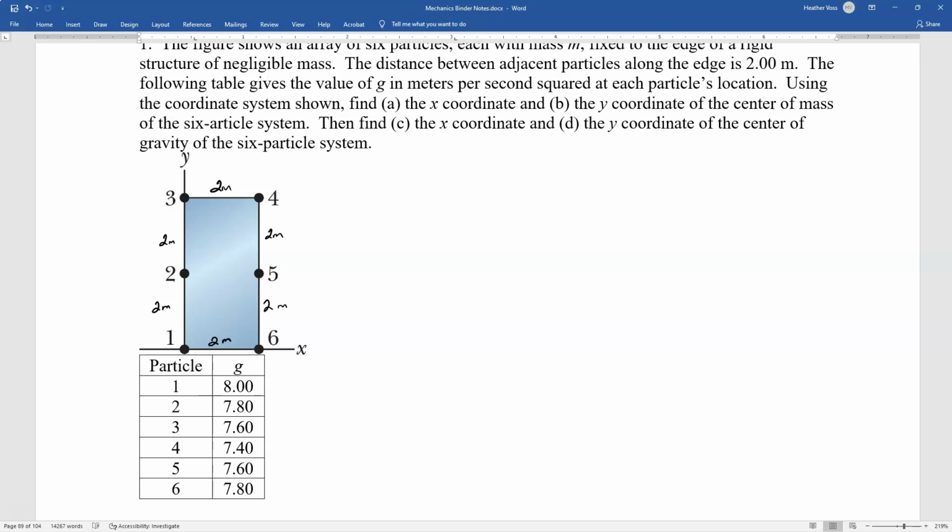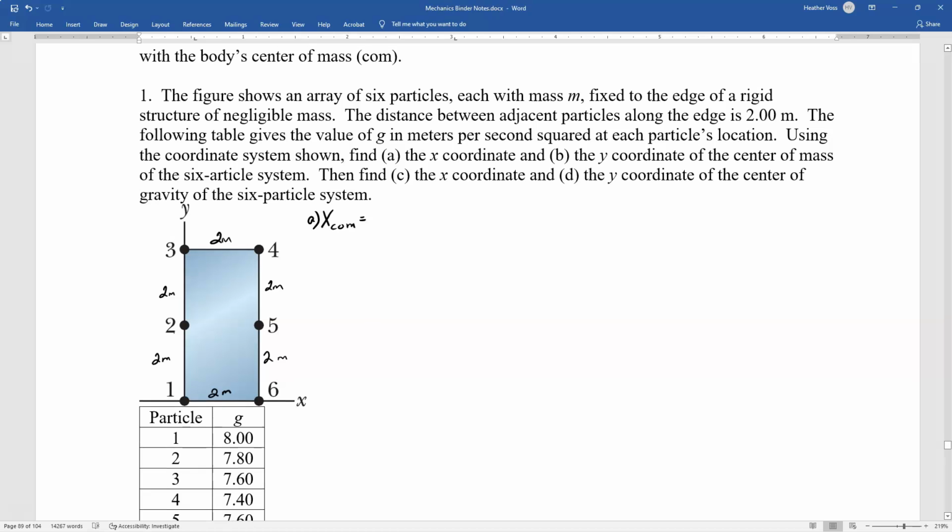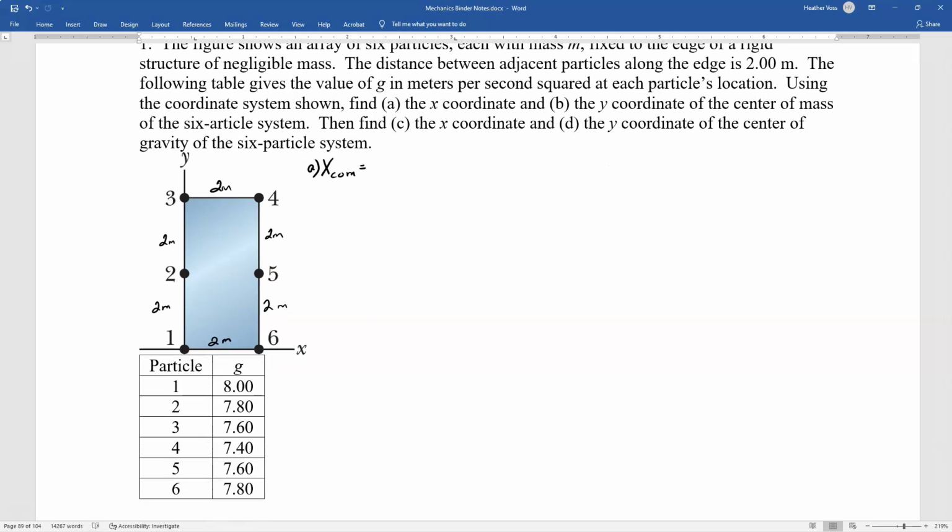So the center of mass. Let's start with part A. For the x center of mass, we are going to look at the mass times their x position. Each of these particles has a mass m. For particles 1, 2, and 3, we're going to have mass times 0, because that's where they are in the x position.